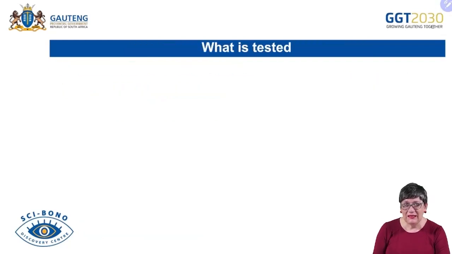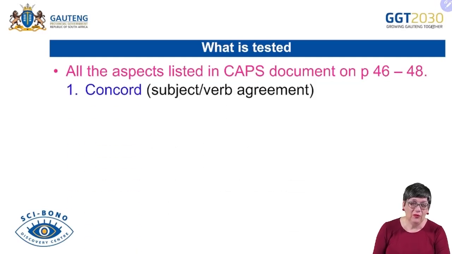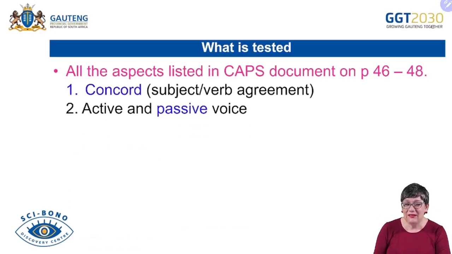But the big question is, what is then tested? Well, there's a number of things that are tested. First of all, we're looking at concord. Now, this is one of the topics that we will be discussing today, is your subject-verb agreement. So this is one of the things I love to ask you. Obviously, active and passive voice. Question tags.